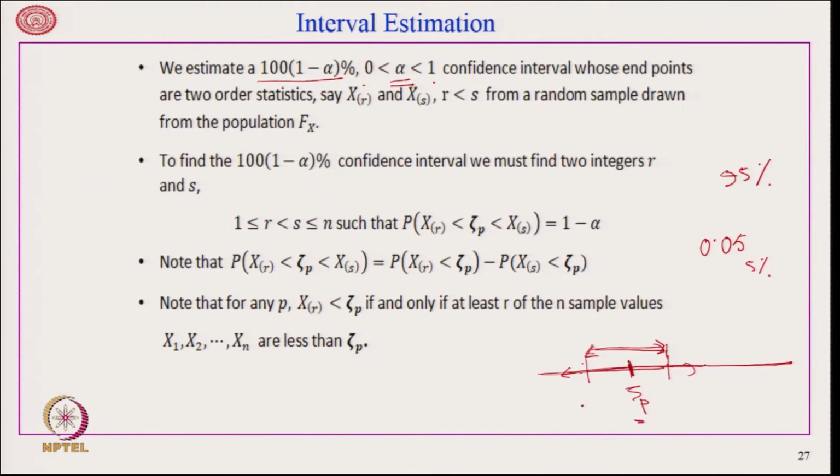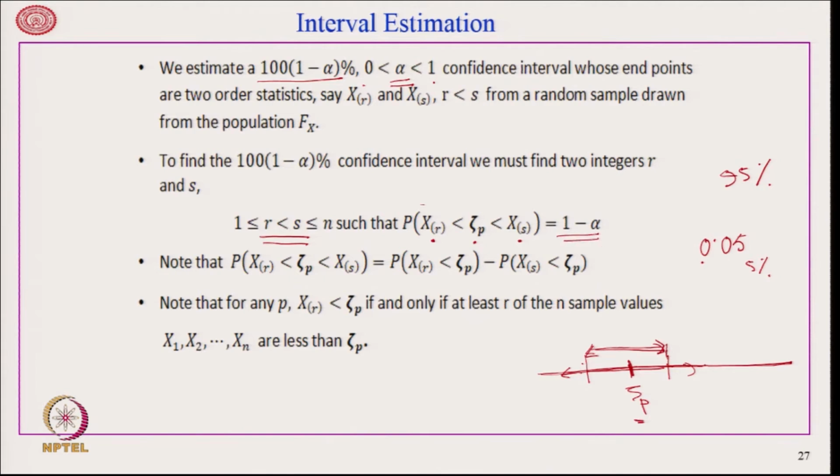When we are going for non-parametric, we are looking for two values r and s such that the probability that the rth order statistic is less than zeta p, which is less than the sth order statistic, is 1 minus alpha.